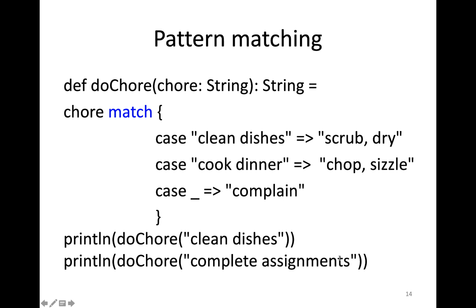For this line of code, the show is matching with this case, and that's why the output of this line will be complaint, correct? So you can see using this match keyword, we can match different cases for one variable, and that can lead to different evaluation for that variable, correct?